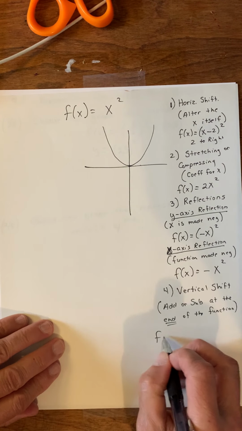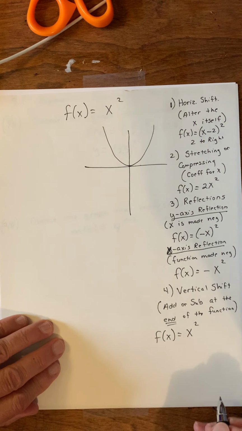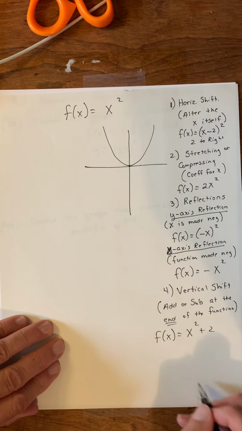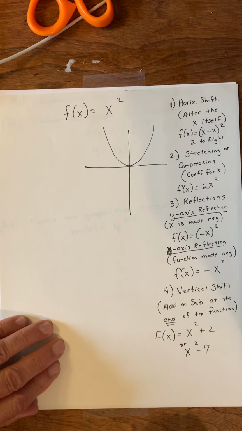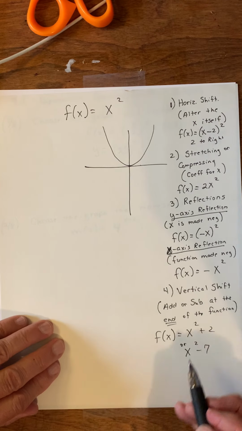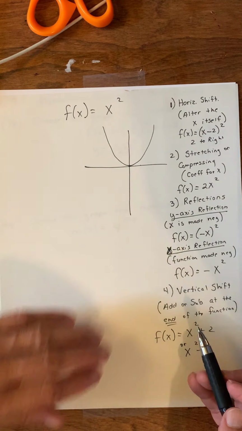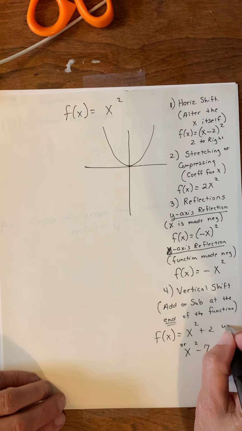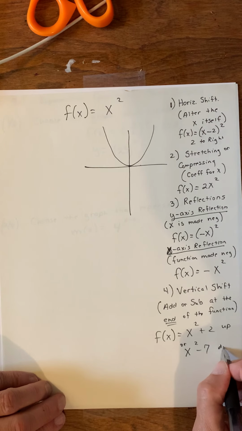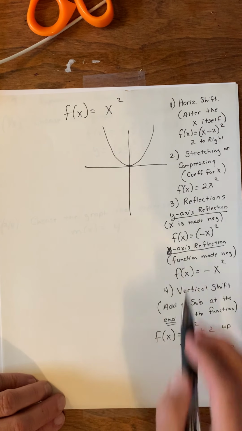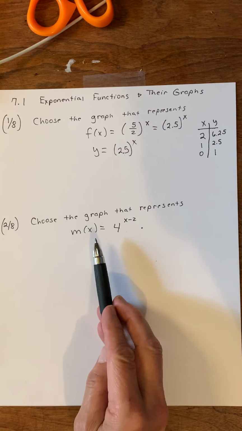Vertical shift looks like the plain old guy, except I add something at the end, or I subtract something from the end. And this, of course, moves the whole graph up or down. Up, just like what you'd think if it's plus, down if it's minus. So these are the transformations we're going to be considering when we look at a graph like this.